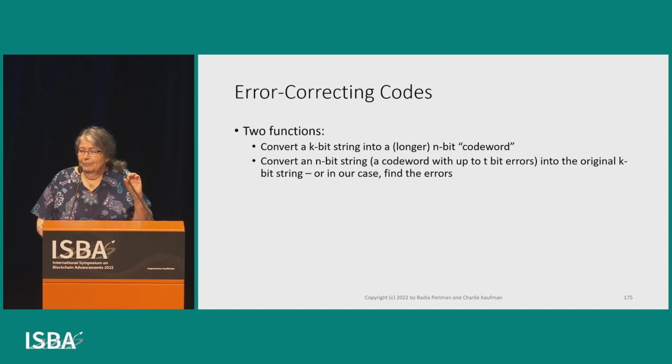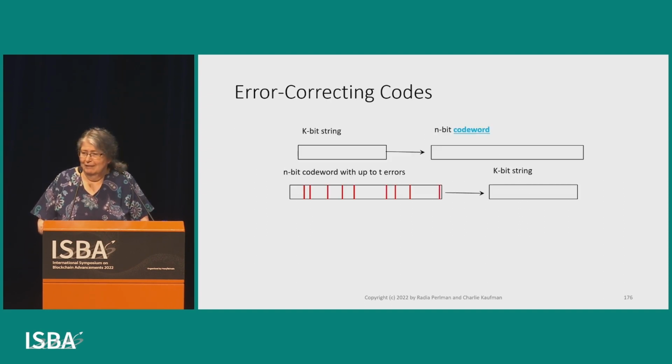So you need to be able to convert a k-bit string into a code word, and then you have to take a mangled code word, a code word that has had some errors introduced, and be able to figure out where the errors are. Those are the two functions that you need.